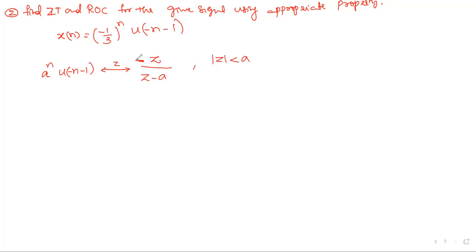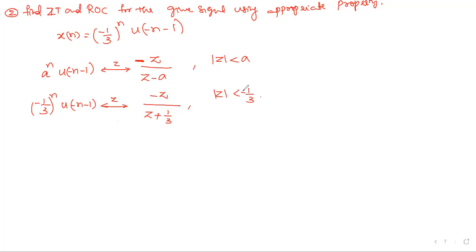Now, for (minus 1 by 3) whole power n u of minus n minus 1, the Z transform is minus z divided by z minus of minus 1 by 3, which becomes z plus 1 by 3. Mod z is less than 1 by 3.